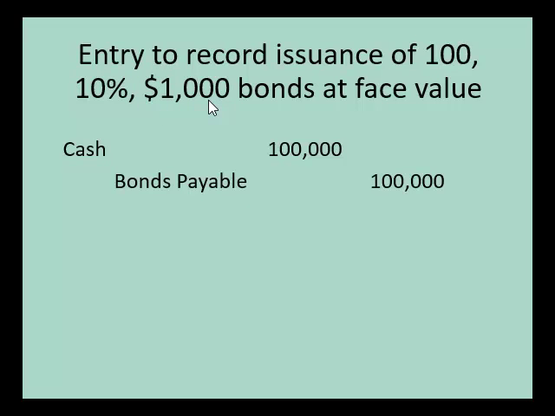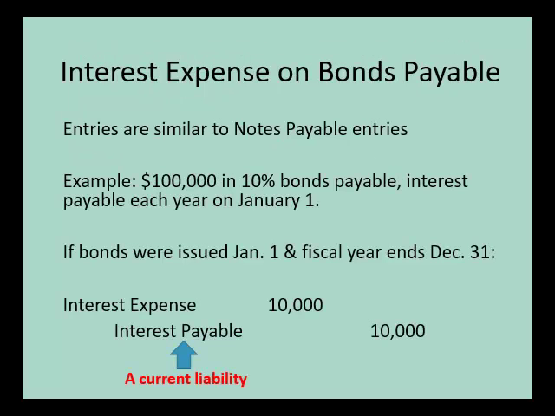And if we sell those 100 bonds for $1,000 each, so we're selling them at face value, the company is going to receive $100,000 cash total from all of the people that buy those bonds, and it will credit the bonds payable account.